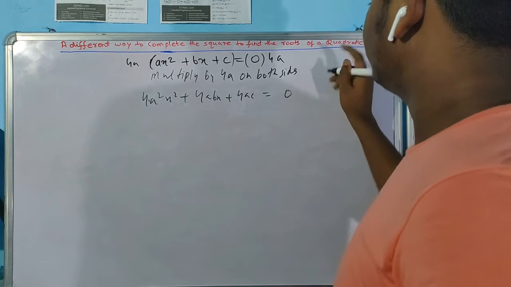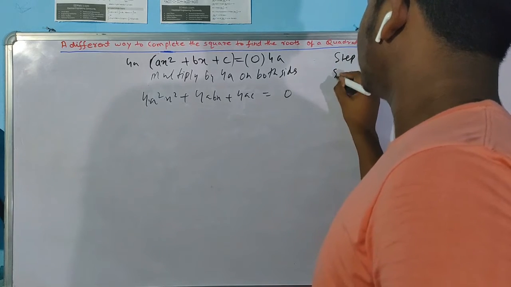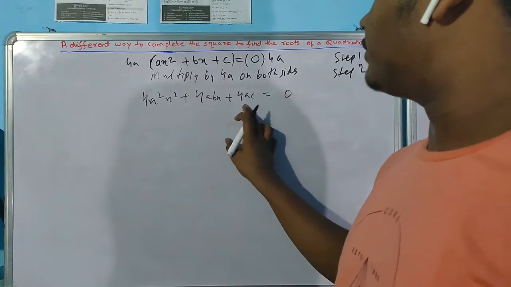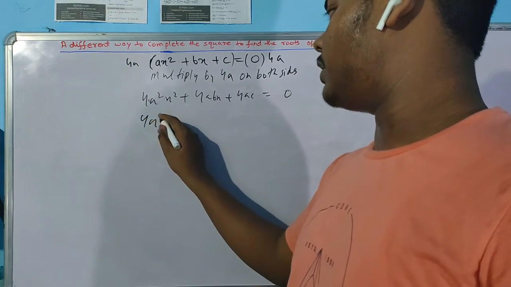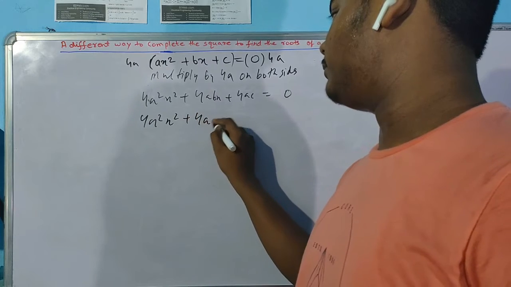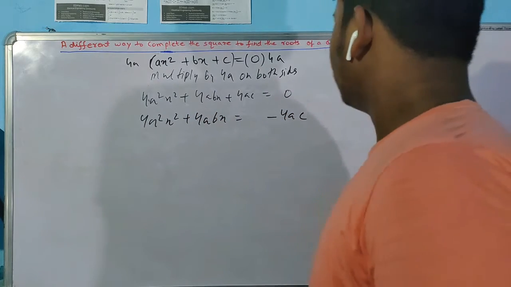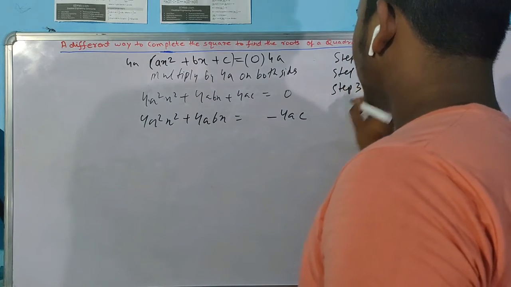Now, the second step is to send 4ac to the right side of the equation, right? What is the third step now?